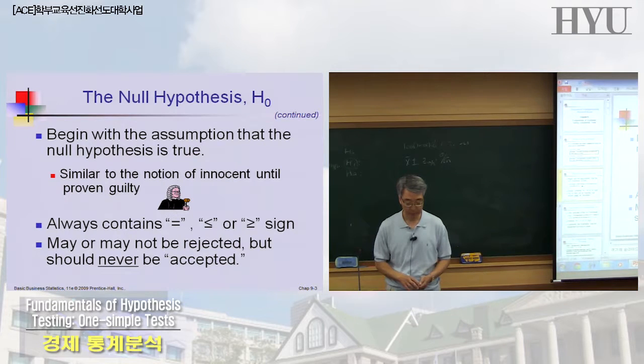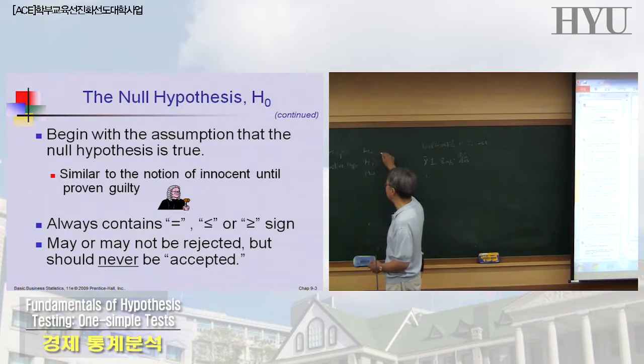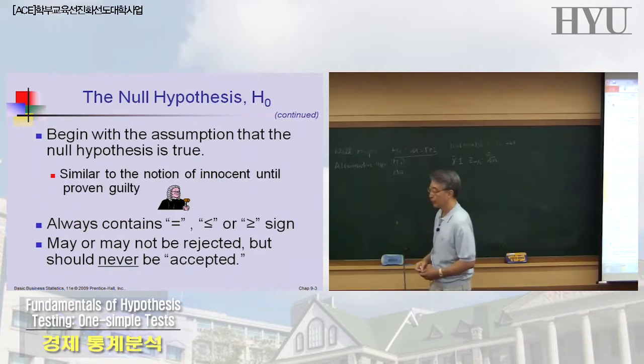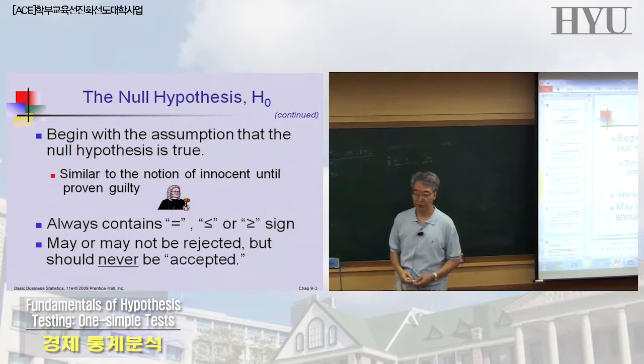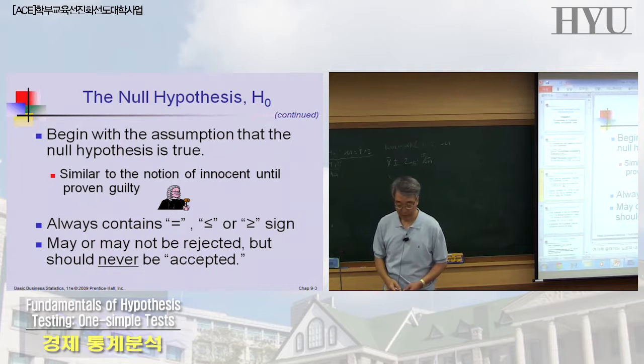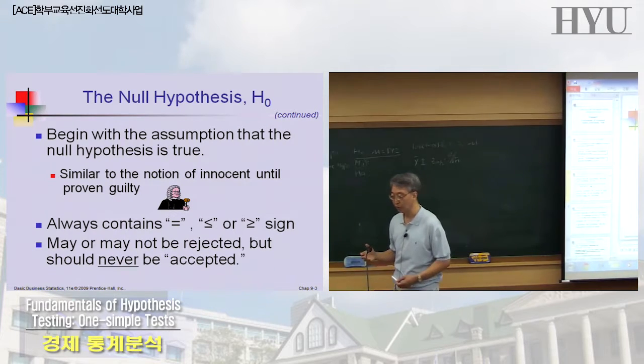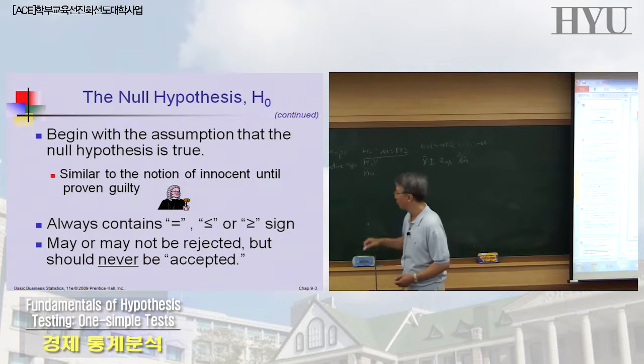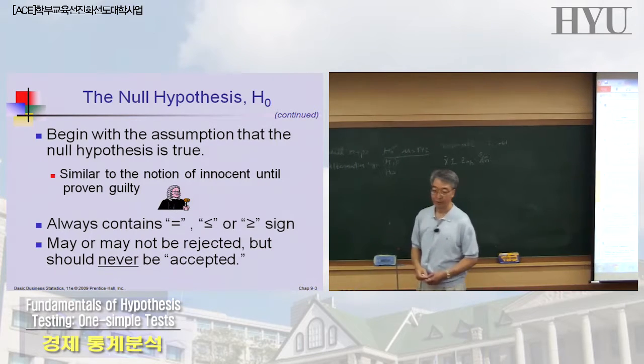And then we assume that the null hypothesis is true. We start out with an assumption that the null hypothesis is true. If somebody makes a claim, say H0 says mu is $42, then we're going to start out the test with the assumption that it is true. But then the whole process is to find sufficient evidence to reject this null hypothesis.